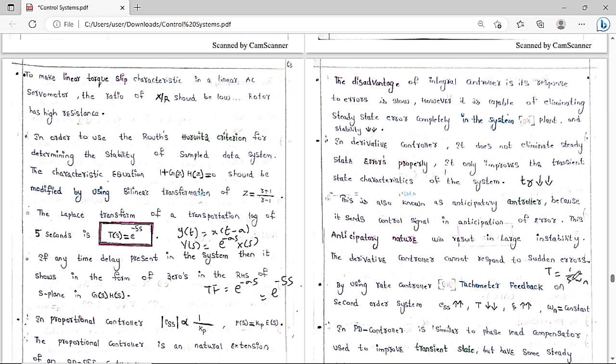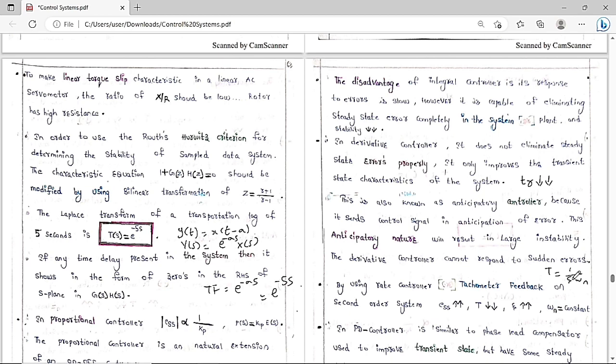So by using the rate controller or tachometer feedback on a second order system, the steady state error increases and the damping ratio increases, whereas the natural frequency is constant. The time constant T is equal to 1 by zeta omega n.